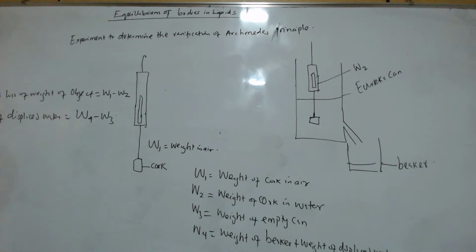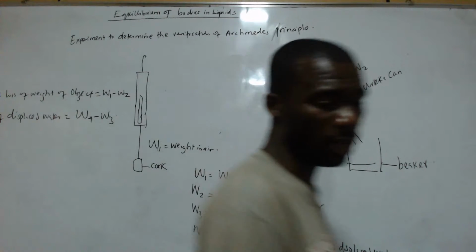That gives you that. Now, the experiment has proved that because of the effect of upthrust, the apparent loss of weight of the object is equal to the weight of the liquid displaced, or weight of the fluid displaced.